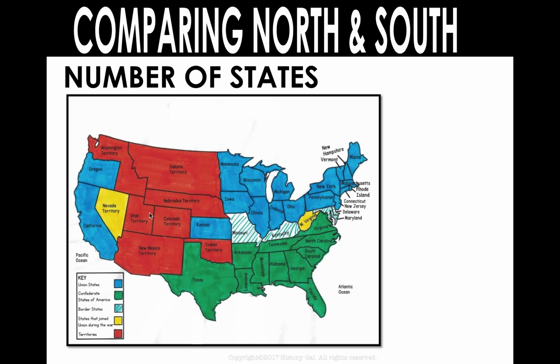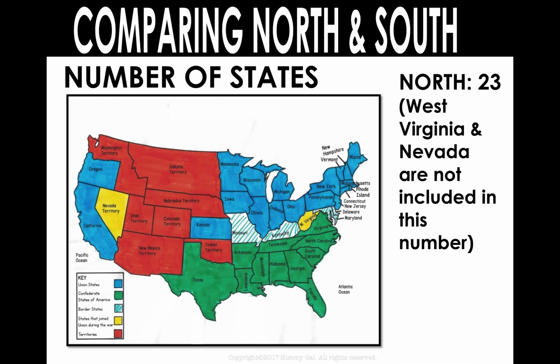And the territories in red were basically territories that were not a part of the United States at the time, but as we all know, they eventually would become a part of the United States. And the states in yellow were the states that joined the Union during the war, so they weren't originally Union states. And then lastly, we just have a couple of border states here, Maryland and Delaware, that basically didn't choose a side.